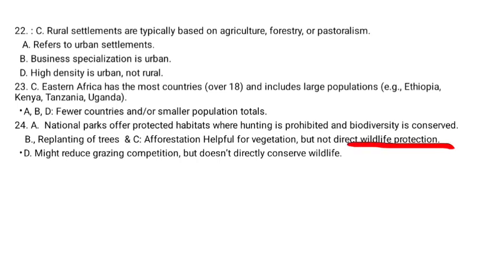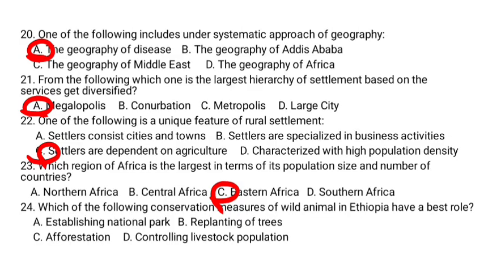But controlling livestock population might reduce grazing competition but does not directly conserve wildlife. As a result, A is the correct answer for question number 24.